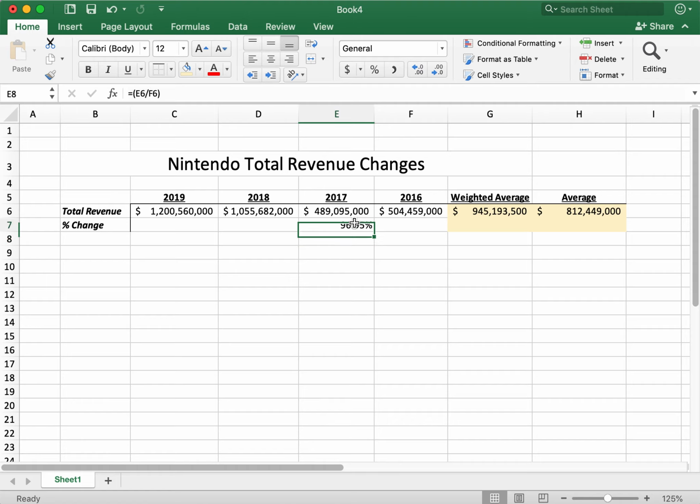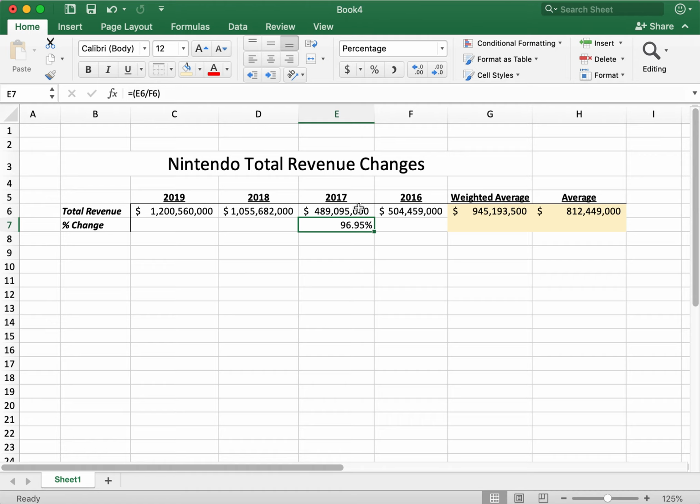So now it's saying 96%. This number is only 96% of this number, which is in fact correct. But I'm not looking to see how much this is of that. I want to see how much of a change that is. And if we look at it, 96.95, realistically, we're looking at about a 3% change in the negative, right?